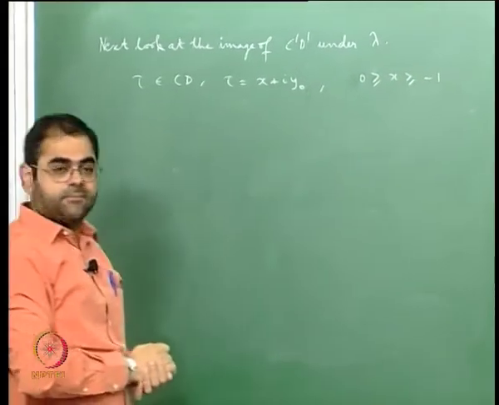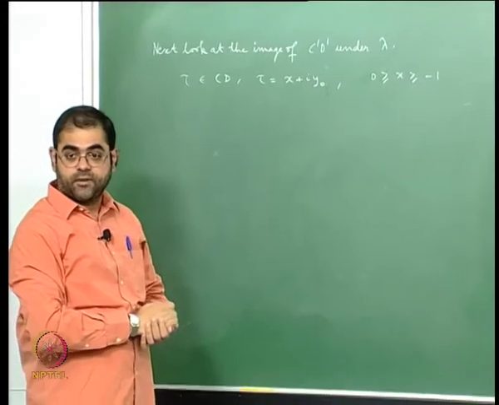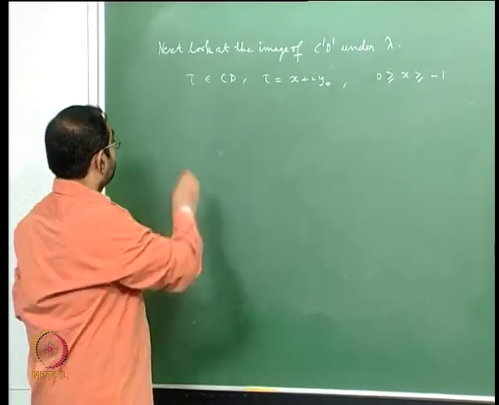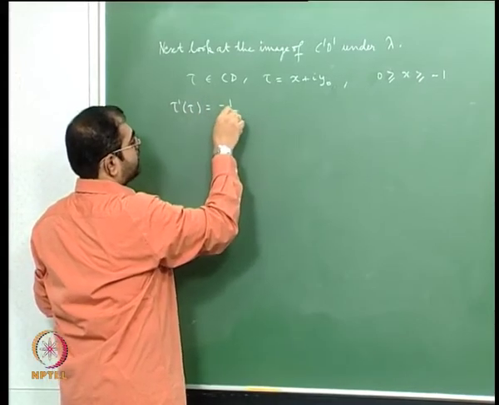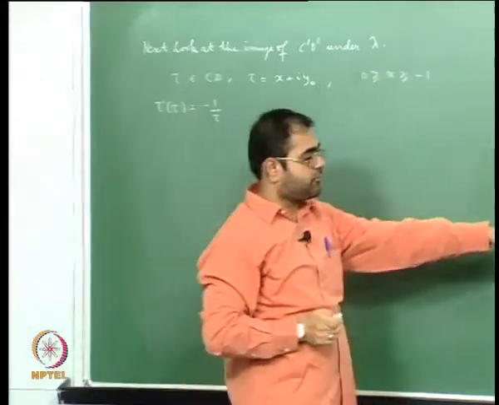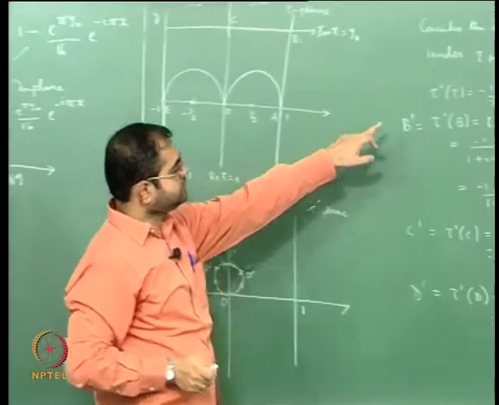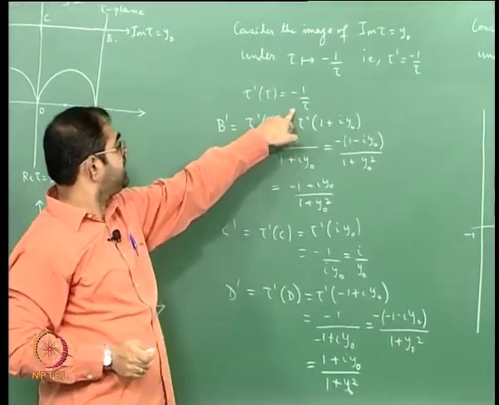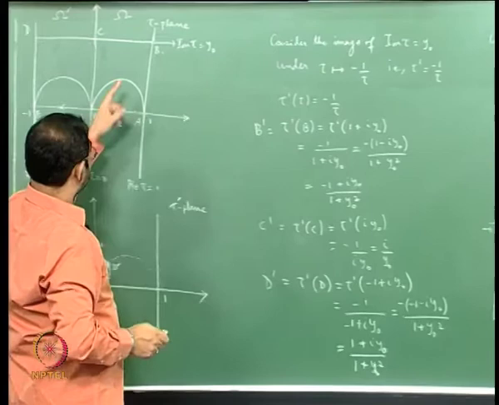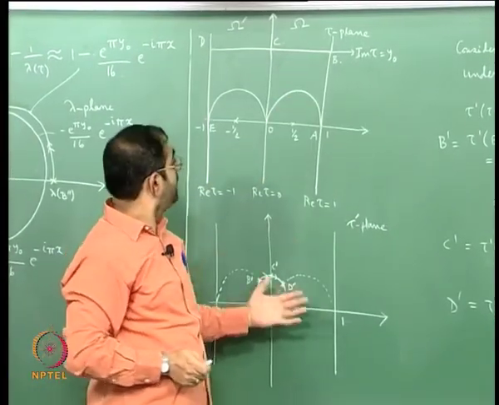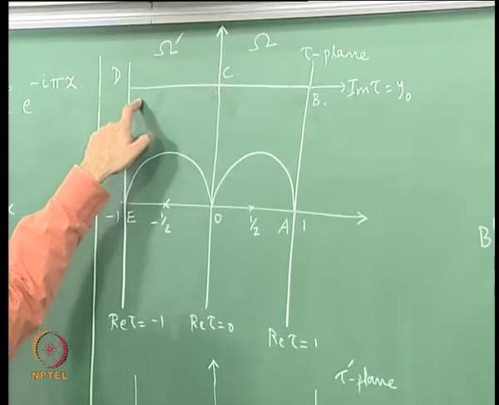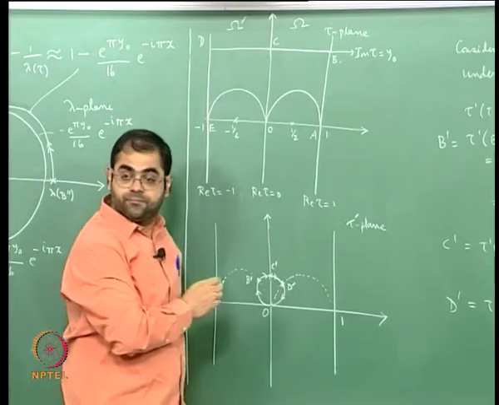This is the parameterization of CD. For a point tau on CD, tau prime of tau is -1 by tau, and we have seen that this map tau going to -1 by tau takes CD onto c prime d prime, alright.